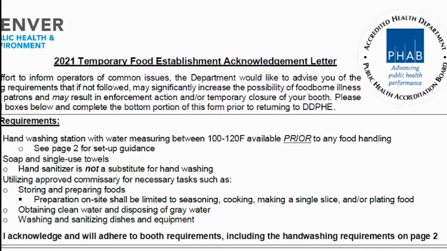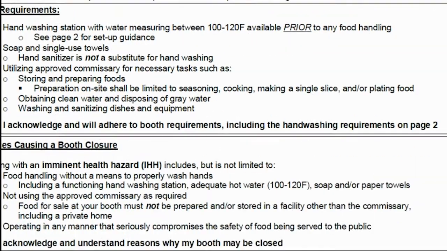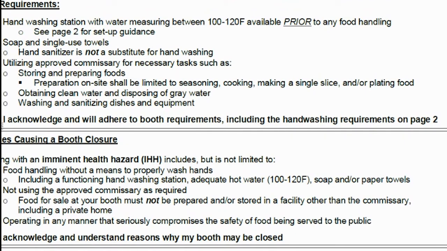And then the other document that you'll want to make sure you have filled out and signed and dated by yourself is this temporary food establishment acknowledgement letter. You'll read the section and initial, read this section and initial, read this section and initial.